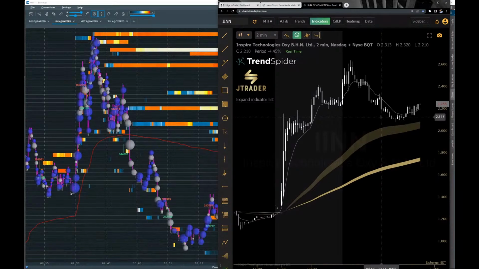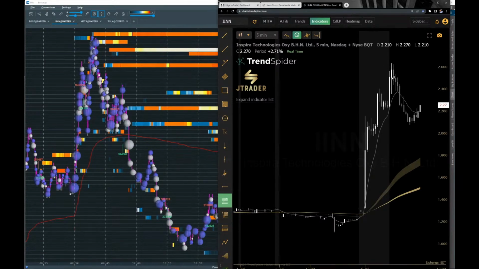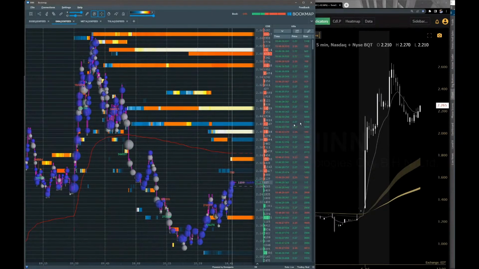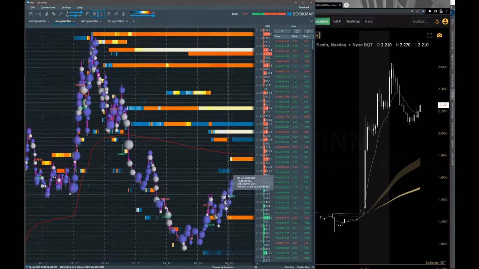You can see that we hold over here the support on INN, and now it's bouncing. Watching over here, you can see the tape still has a lot of volume.